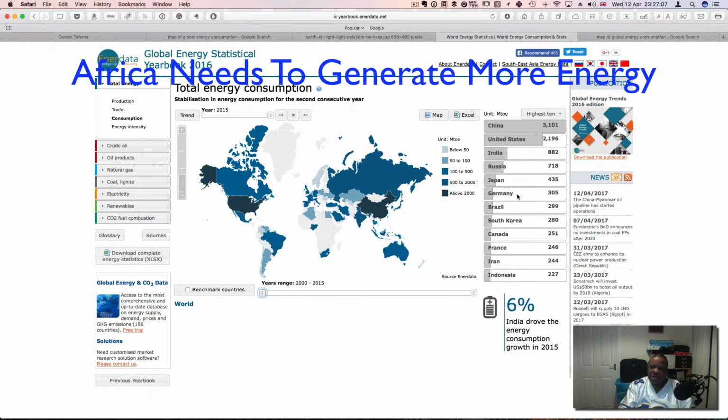France is right there with 246 metric tons, and these countries, you need energy if you're going to run an economy, if you're going to grow an economy. Economic growth and development does not come without making sure that you invest in energy.